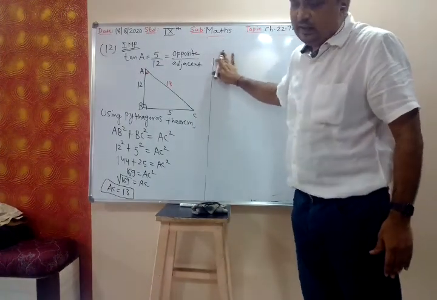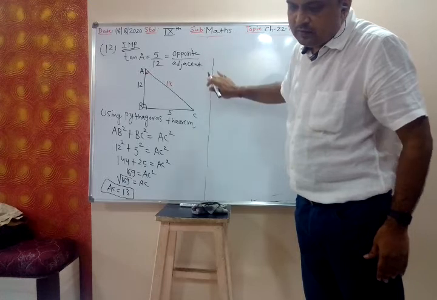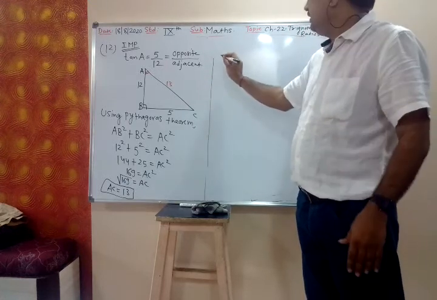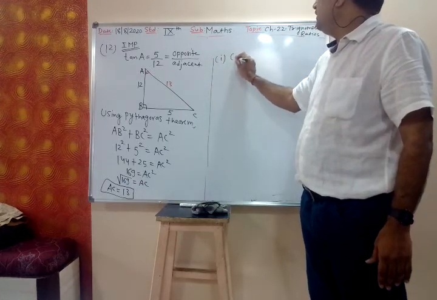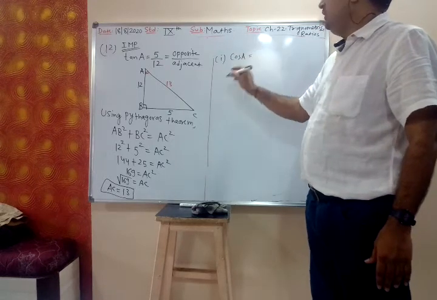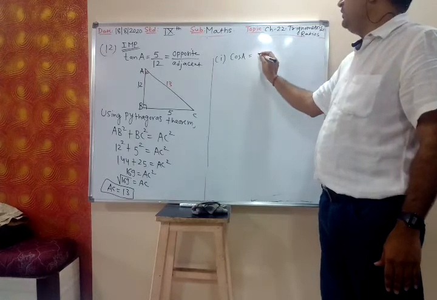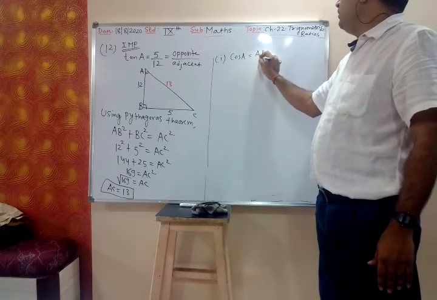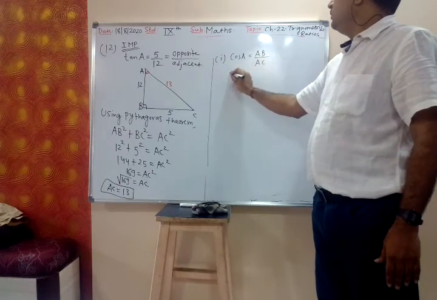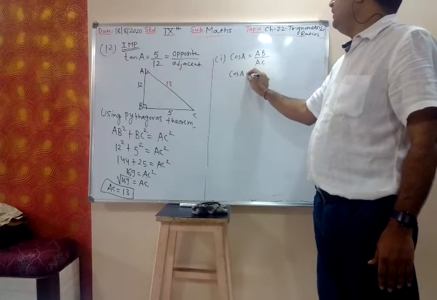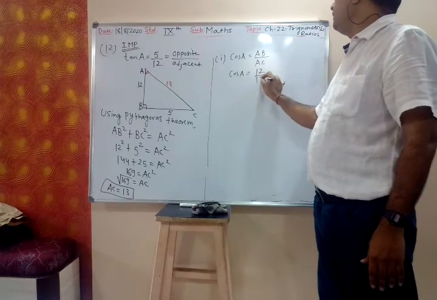Find sin A. Let me do everything. Cos A. What is cos A? Adjacent upon hypotenuse, AB upon AC. So cos A is AB, 12, upon 13.